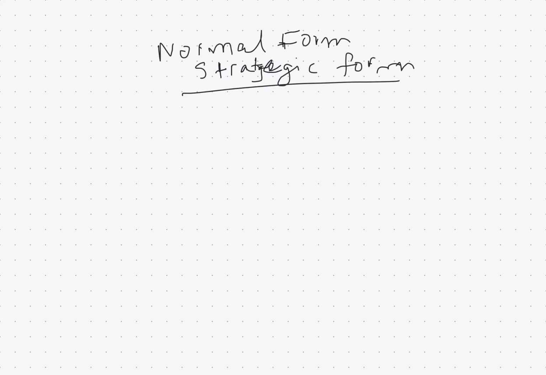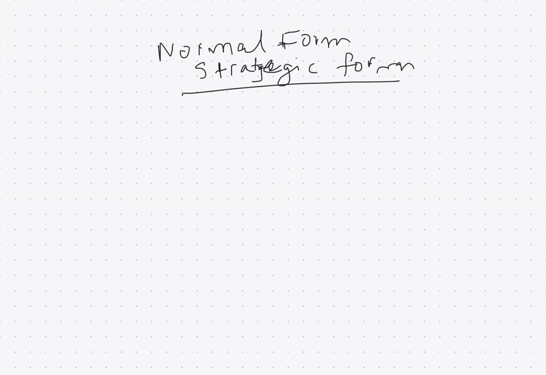So since you're going to use the strategies, that's why we call it a strategic form game. So here what we do is we represent the game using a matrix where the rows and columns are basically the strategies available to the players.